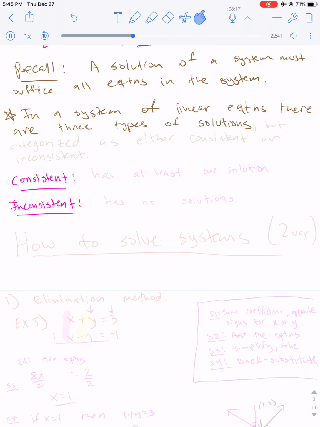So the first type, but they're categorized in two categories. They're categorized as either consistent or inconsistent.